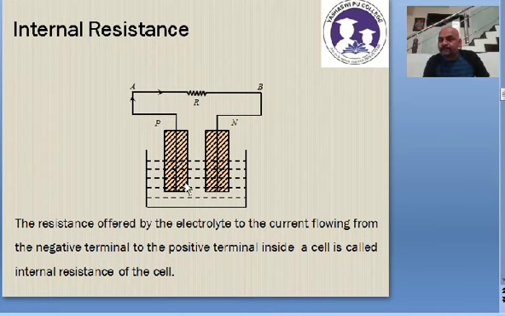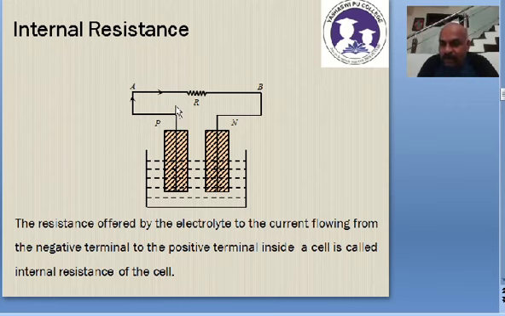The cell has to do the work in transferring a charge, 1 coulomb charge, through this external resistance, also through the internal resistance. The work done by the cell to transfer a unit positive charge through the external resistance is called terminal potential difference.